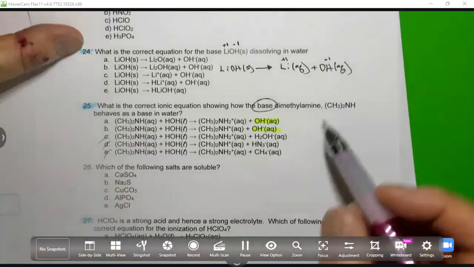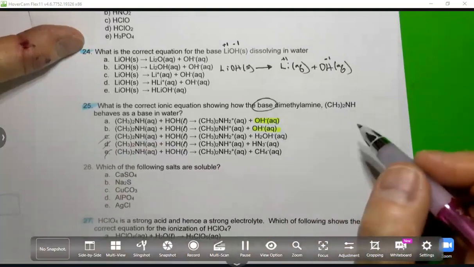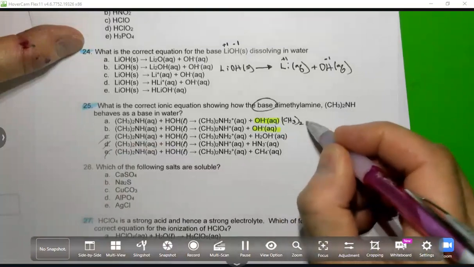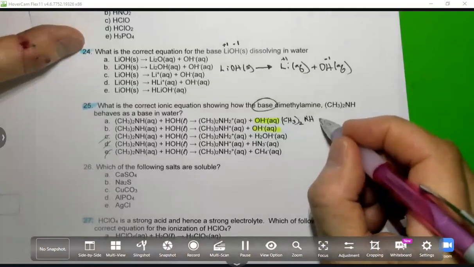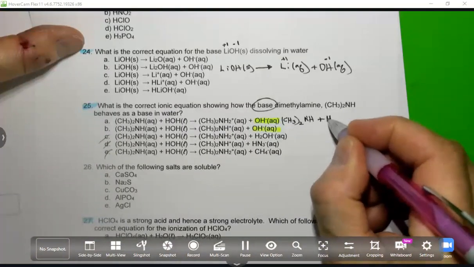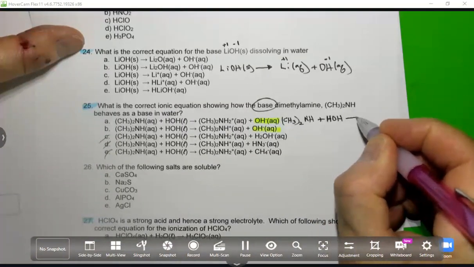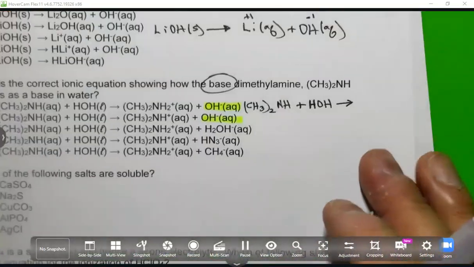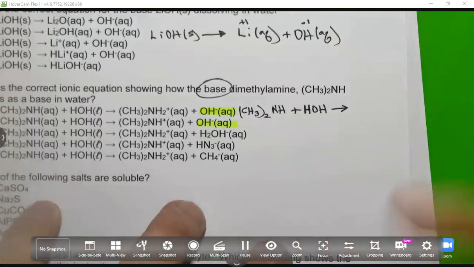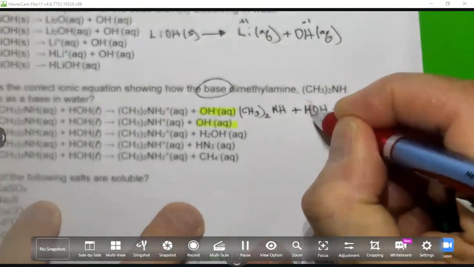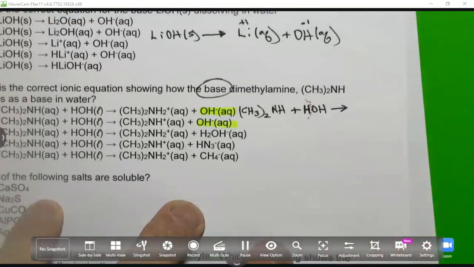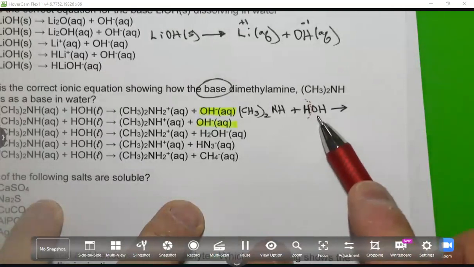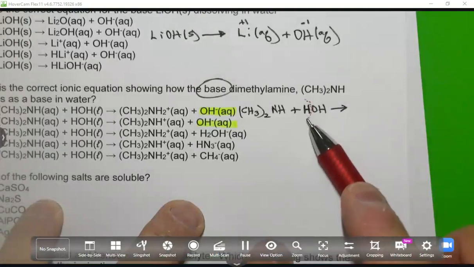Now, if you get OH minus, we're going to write this out as a review shortly. You would have (CH3)2NH plus water. If you know you're going to get a base, write water as HOH, and this hydrogen comes off of the water. If this hydrogen comes off, it leaves its electron behind, so all it is is a proton.